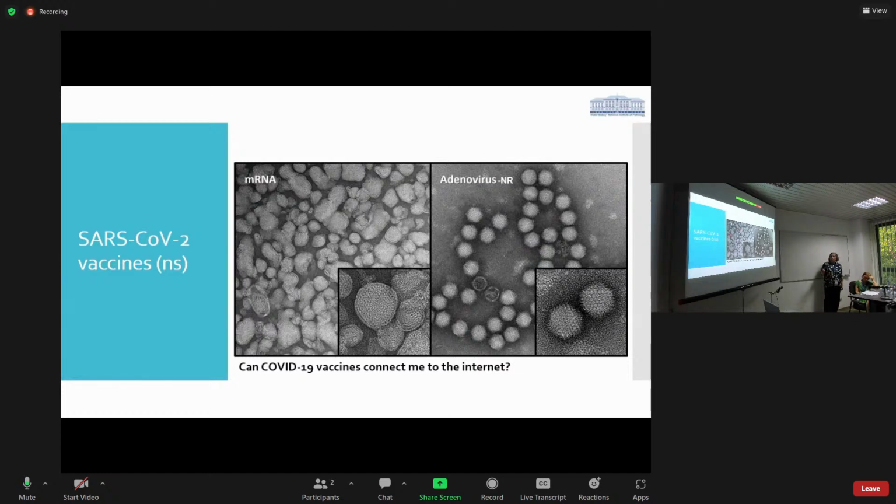They are looking very nice, very clean, very beautiful, and for sure electron microscopy would answer this question without any problem. No, the COVID vaccine cannot connect to the internet to anybody.